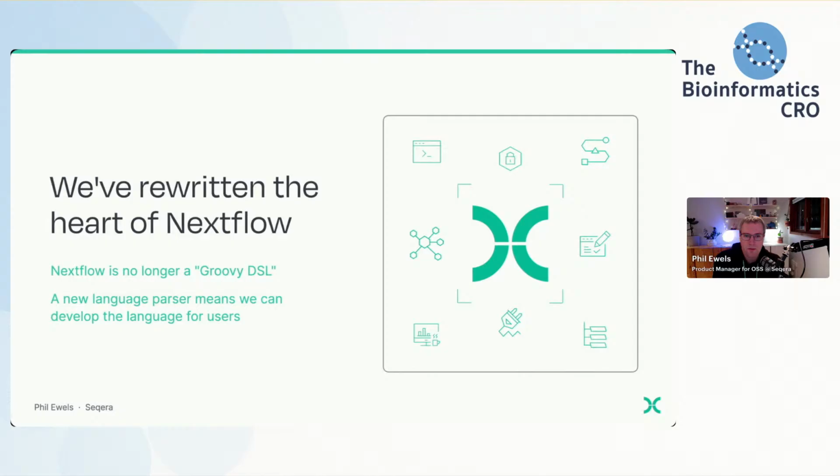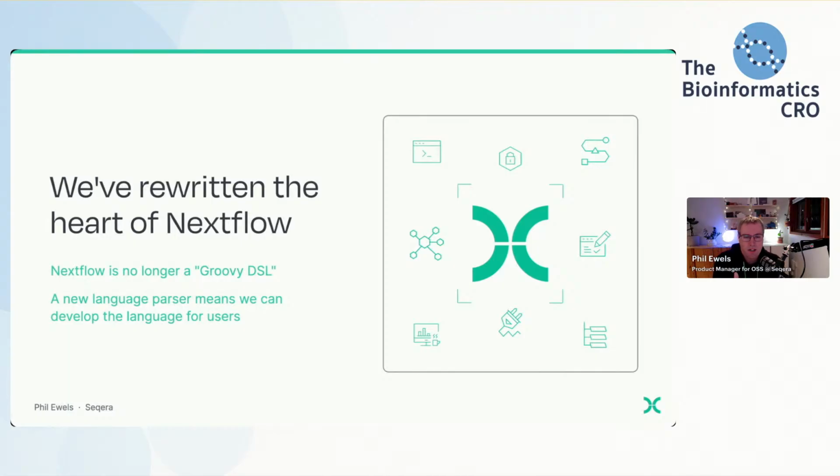In the past, Nextflow was what's called a Groovy DSL, a domain-specific language. So the way it worked was you wrote your Nextflow script, and that was basically cross-compiled into Groovy code at runtime. And then the Nextflow engine would run that Groovy code. That's still kind of the case, but now we have a new language parser, which takes your Nextflow code and is able to natively understand the syntax that you've written.